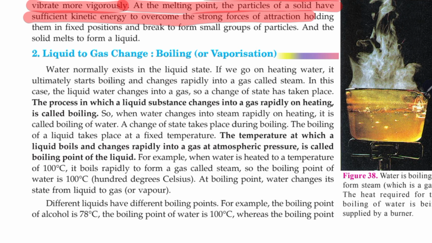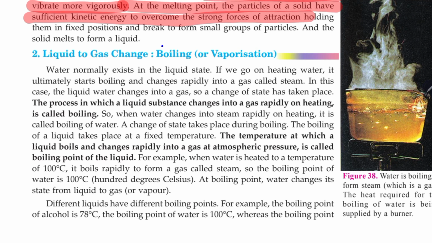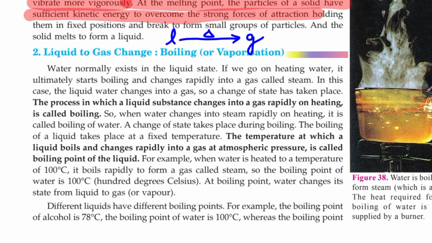Next, if I heat even more, that is, a liquid state, and I'm again heating, then I can go to the vapor phase or the gaseous state. Because when I'm heating it further, I'm increasing the kinetic energy even more and increasing the interparticle distance, decreasing the interparticle forces of attraction.